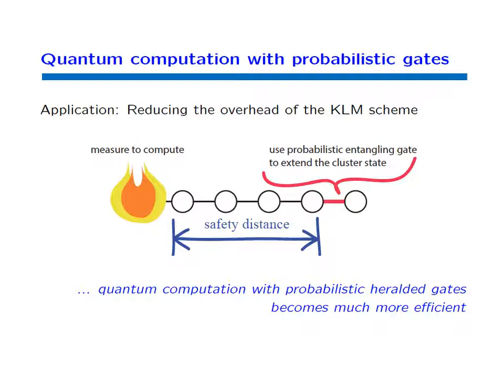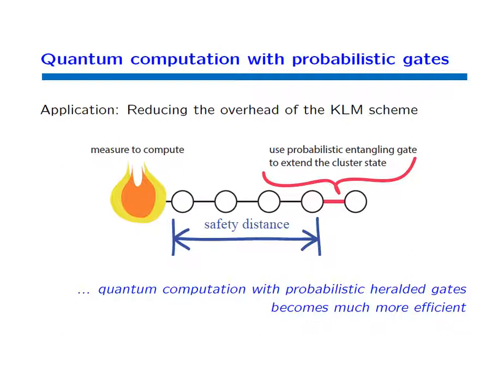KLM is after the inventors Knill, Laflamme, and Milburn. So if you ever have the idea of doing quantum computation with photons, the cluster state approach helps you enormously with keeping comparatively low the amount of resources you need. Now let's see why this is so.